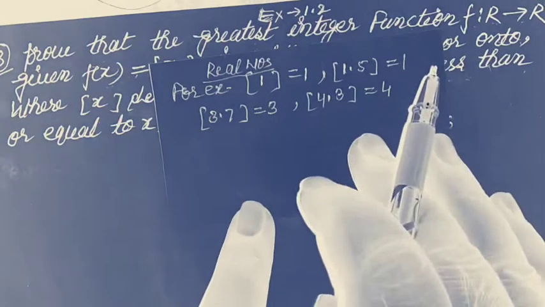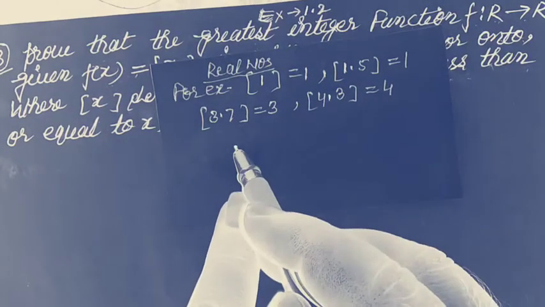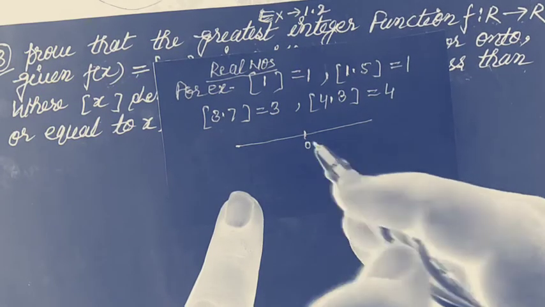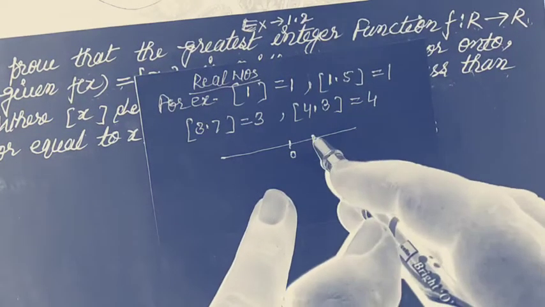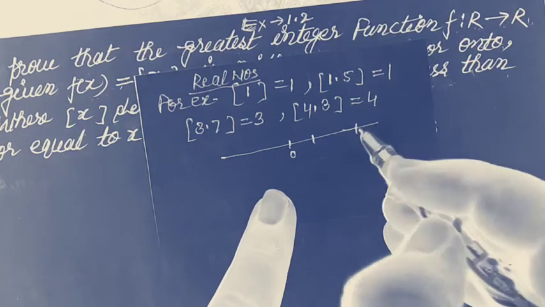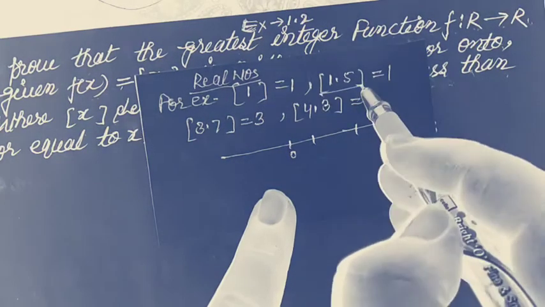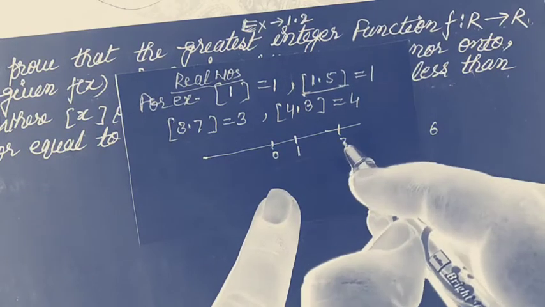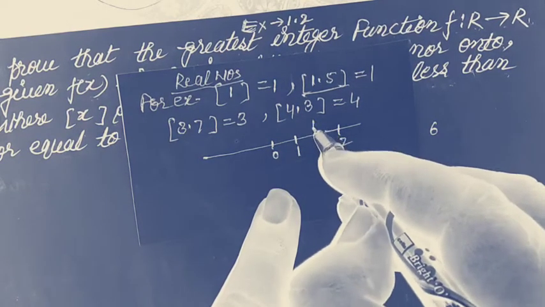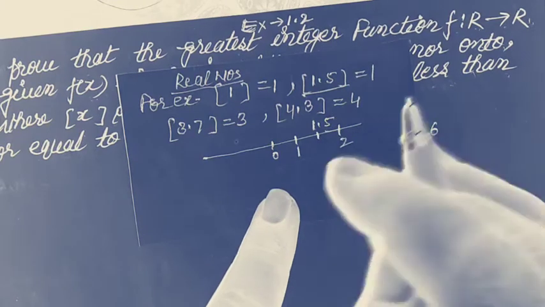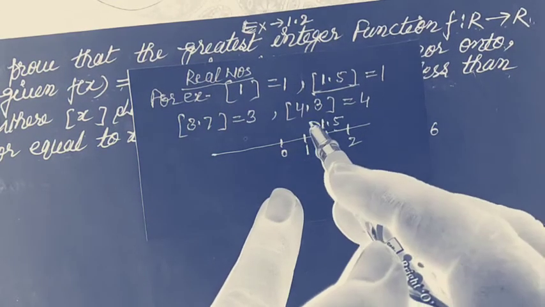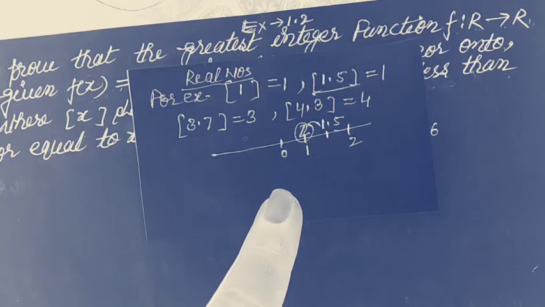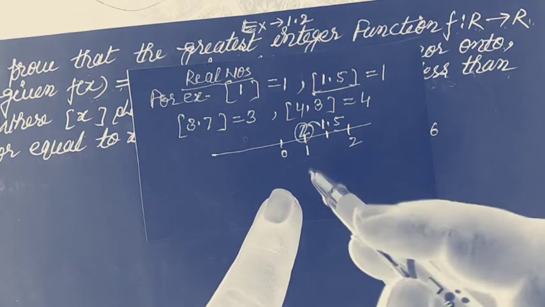Now we draw a line here. If we put 0, 1 and 2, first we will show 1.5 on the number line. So 1.5 is here between 1 and 2, so the value is the nearest left value, isn't it?